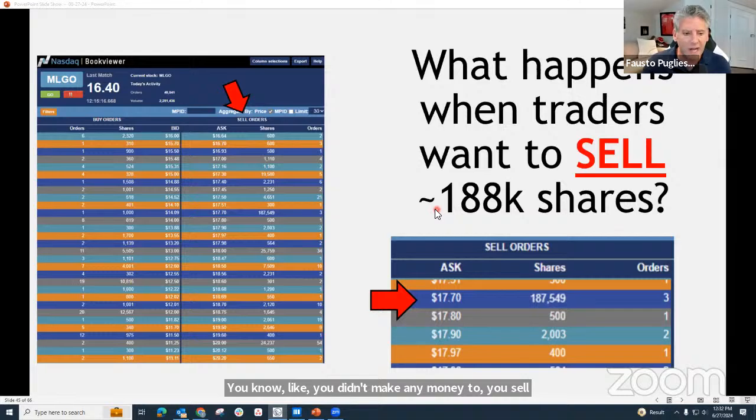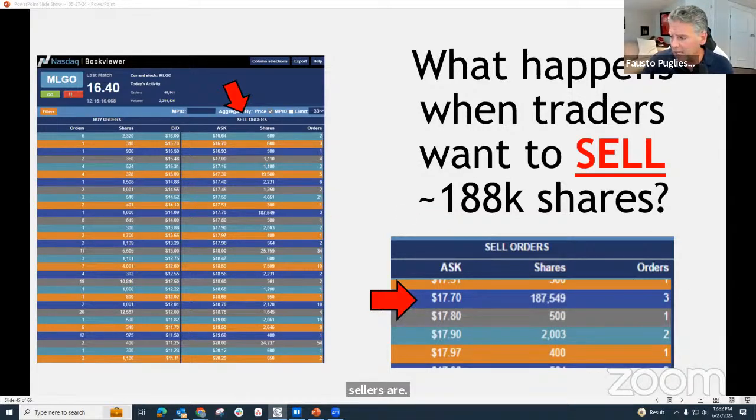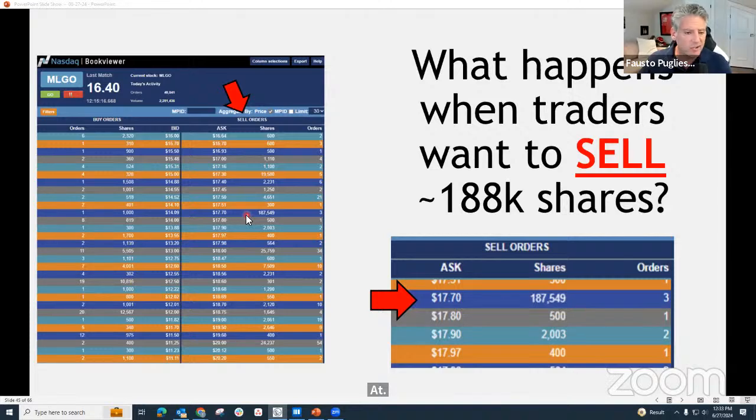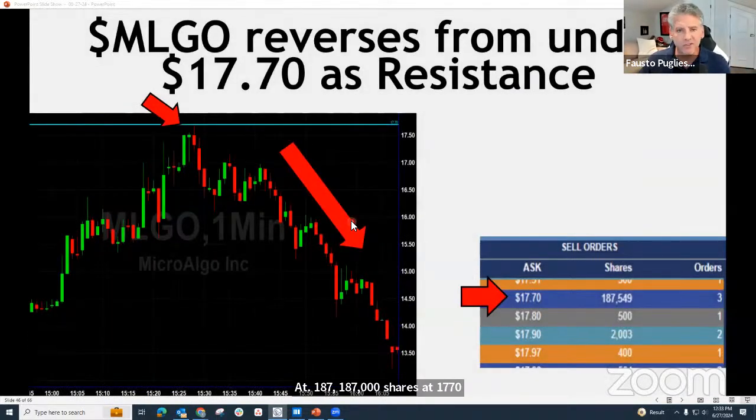And here you have a stock like MLGO, and you've got this big seller out here at 187,000 shares at 1770. What do you think is going to happen when it hits that big resistance level? Well, it's a resistance because of the sellers out there.